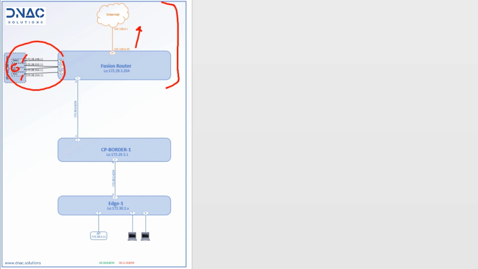Section 2: we have connectivity between the Fusion router and the border. The only config that needs to be done on this side is to configure BGP between the border and the Fusion router, so the shared services, which include DNA Center and ISE, can reach the border loopback address.